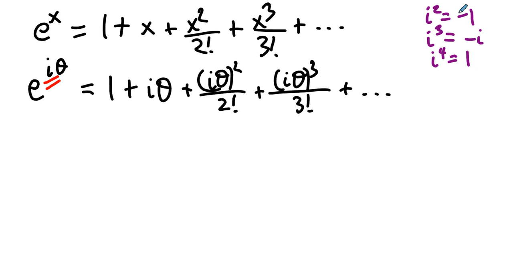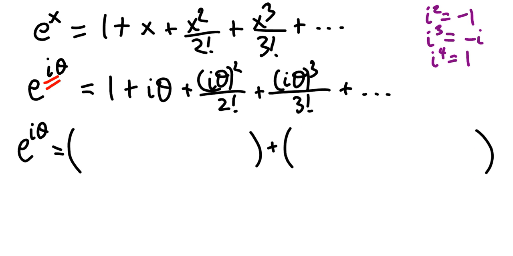And those have an effect on what happens here. And so Euler figured out that all the even powers end up with regular numbers, and all of the odd terms end up with i's or negative i's. So let's break them apart.